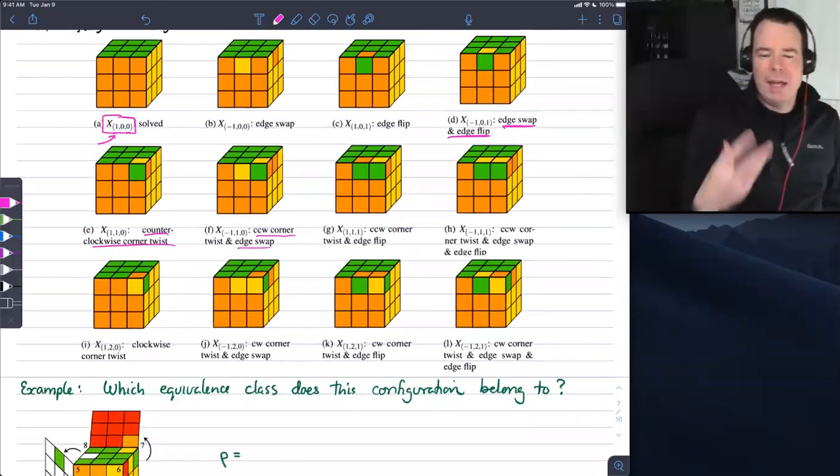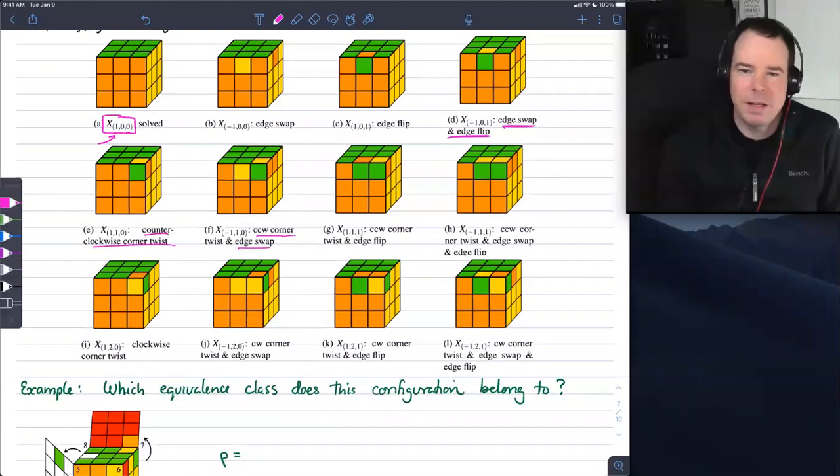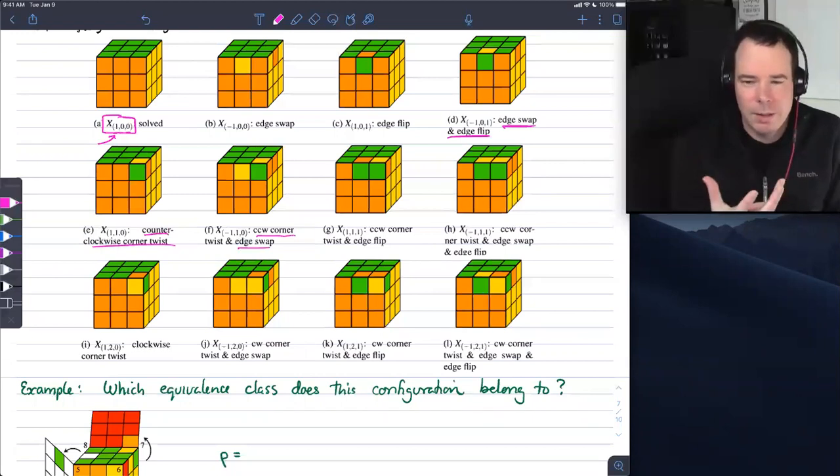So if someone hands you a Rubik's Cube that's messed up and it's been tampered with in some way, disassembled and reassembled, what we're able to do is look at it, write down the rho, the sigma, the v, and the w, and work out: are rho and sigma the same parity, yes or no?